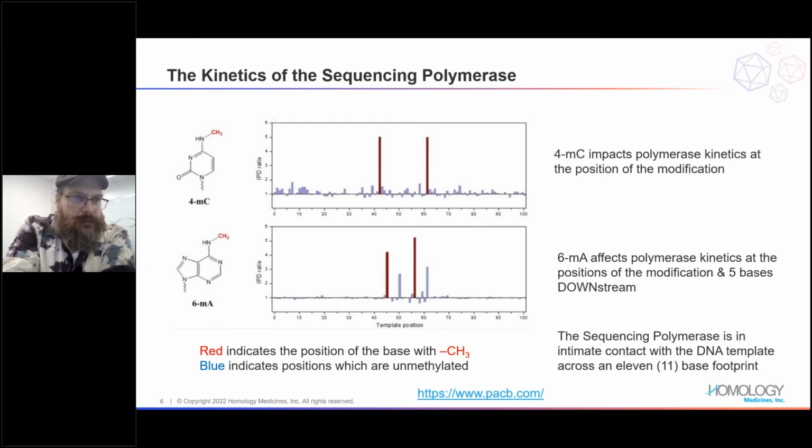So you have this unique signature for 4-methyl C, as you can see on the top frame, and we also have the same thing with a modified 6-methyl A. And so that allows us to add mixtures of modified bases to our reactions, as we'll see, and gives us a good number of bases that allow us to identify where molecules are breaking.